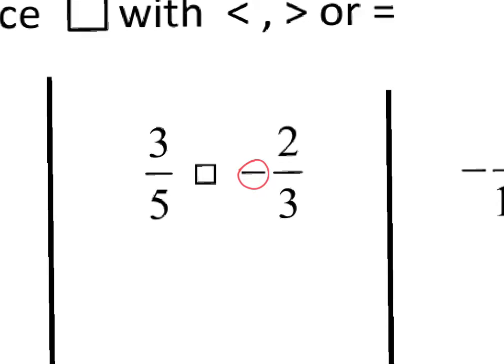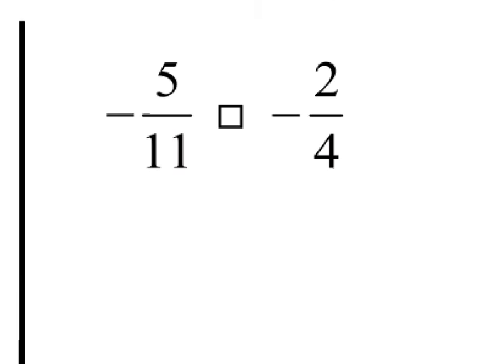So right away, I know that this fraction, positive 3 over 5, is greater than negative 2 over 3, because this fraction is positive and this one is negative. Positives are always greater than negative.